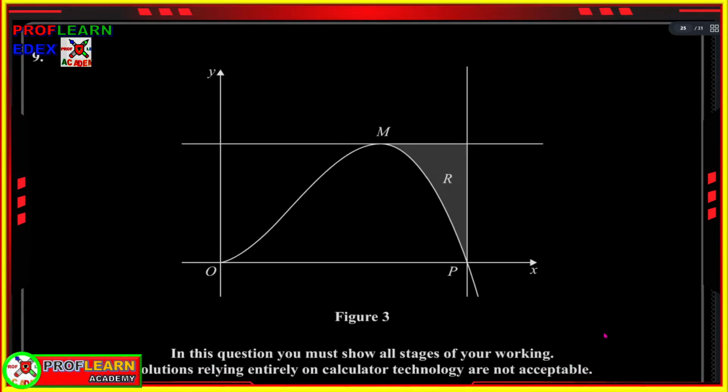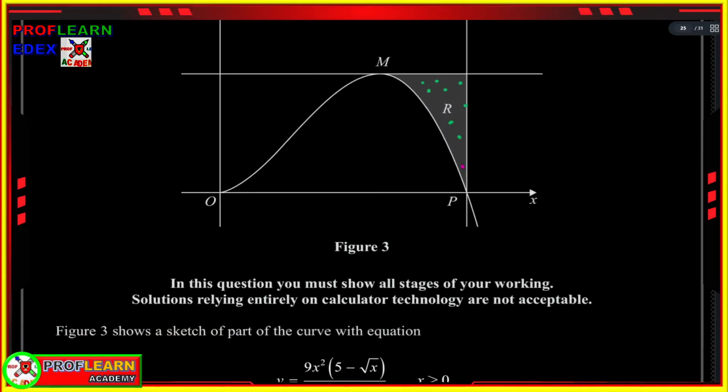All right, question number 9 is a question from integration, and we have a curve whereby M looks like a stationary point, and there is a region R here. So let's see what the question expects us.